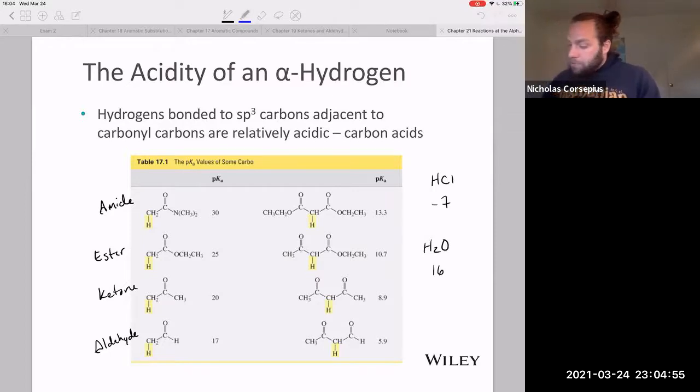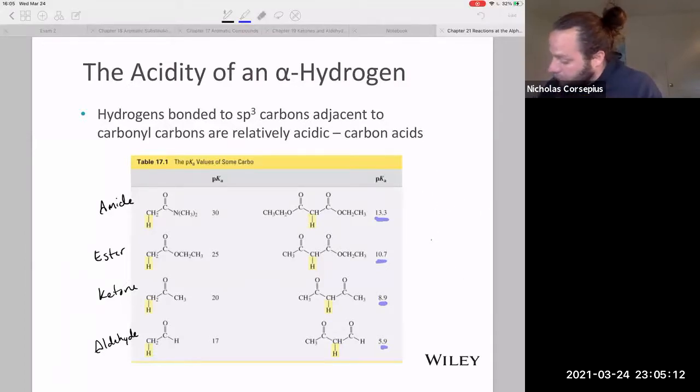If we go now to what would be called a 1,3 dioxo, basically when you have two carbonyl groups separated by exactly one carbon, that will decrease the pKa quite significantly, right? So this is now a diester, right?